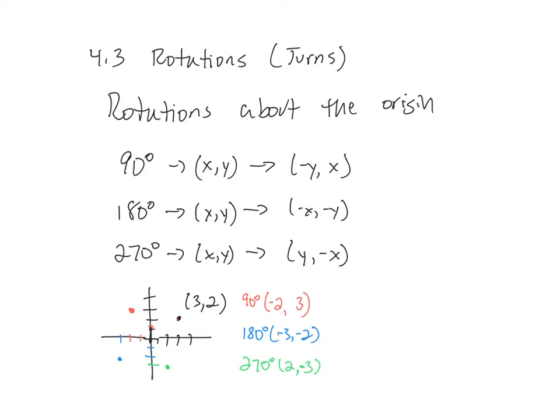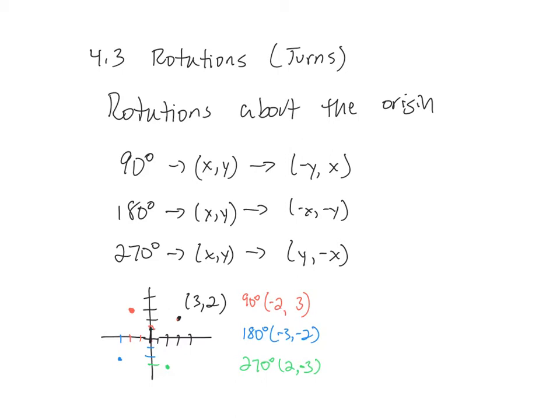If you did each rotation, 90, 180, 270, you'd notice it makes a square if you connect all the dots, and that should happen. But again, you'll just have to do just 180 or just 90 or just 270.